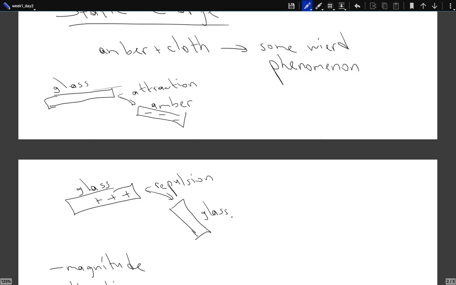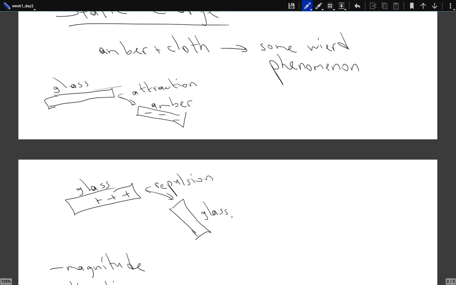So the material that has more electrons than protons will be negatively charged. And the object that loses electrons will have more positive charge than negative charge, so if you just sum all the charges, it will be positively charged. So this rubbing, charging by friction, is basically the transfer of electrons from one material to the other material.